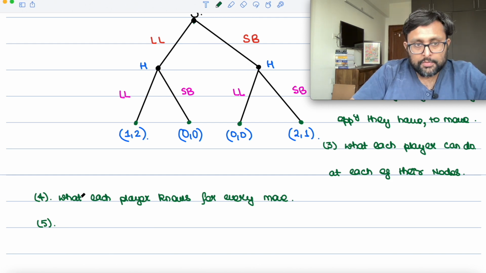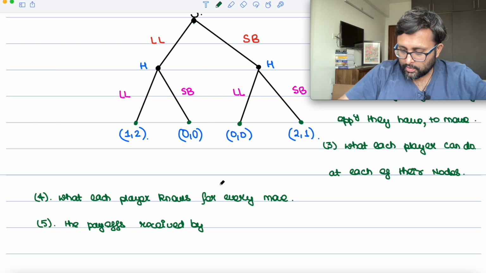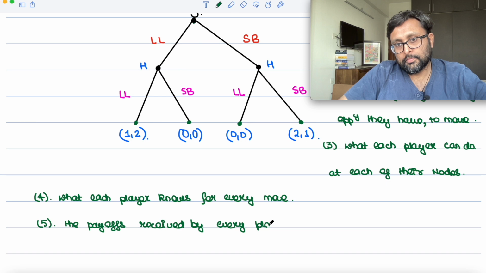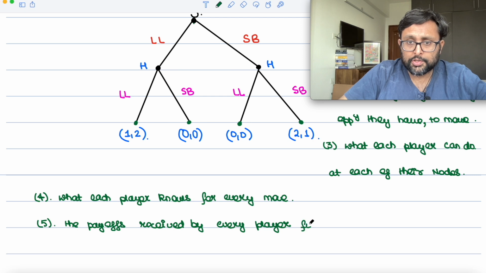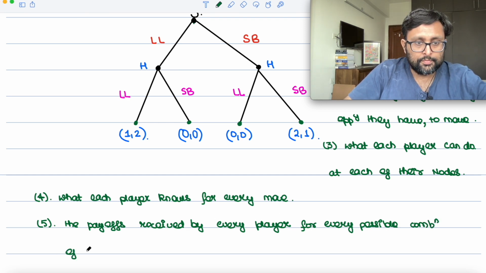So the payoffs received by every player for every possible combination of moves.